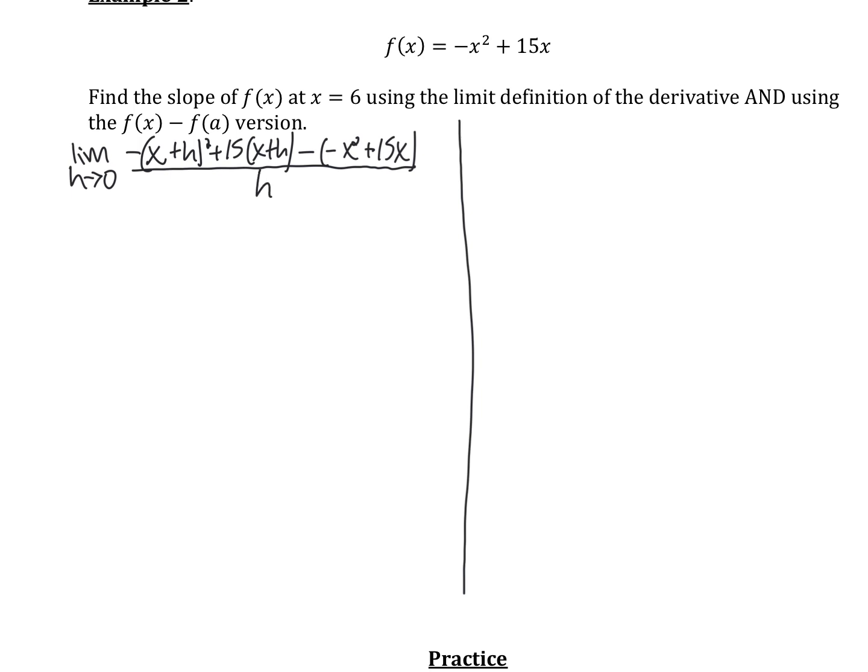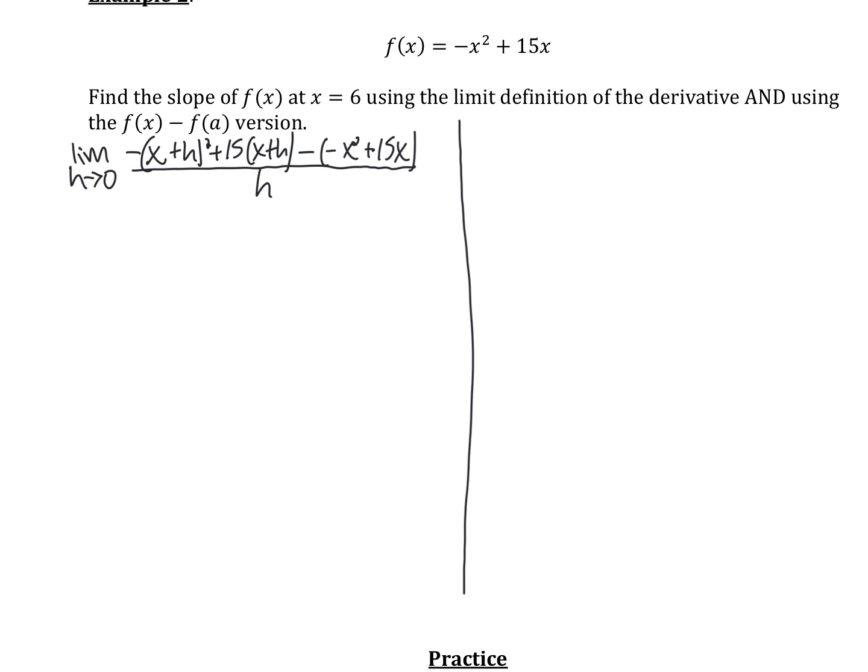I want you to try to do what we just did a second ago: combine, factor, and simplify until you can actually answer the limit, so you can plug in h and get a value for the limit. Once you have a generalized derivative, plug in 6 and see if you can get the value. And once we do that, we'll jump into the x minus a version. So pause the video and see if you can do that.